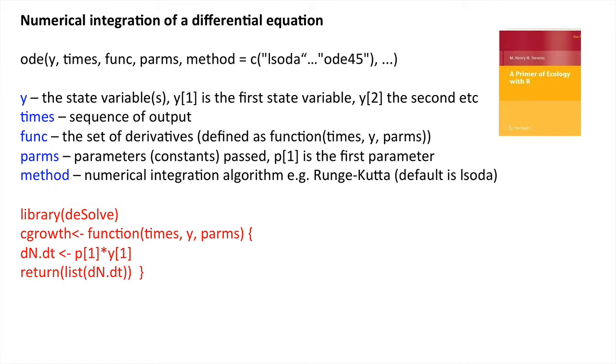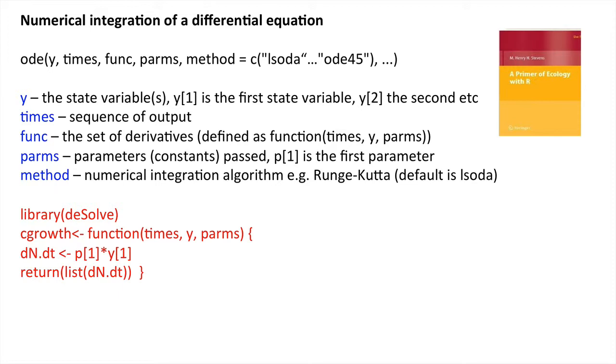So in many ways this is rather like dN/dt = rN, where r is an intrinsic rate of increase and N is an instantaneous population size. And what we do here is return a list with this function the way it's been defined, and that is the list of values of dN/dt.